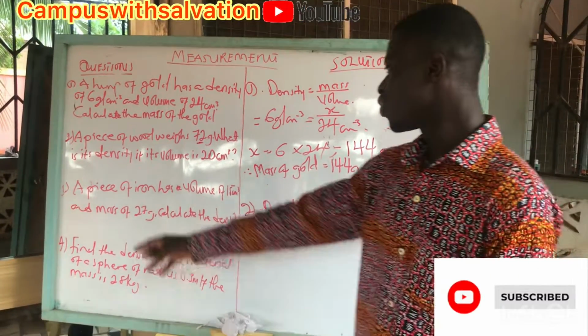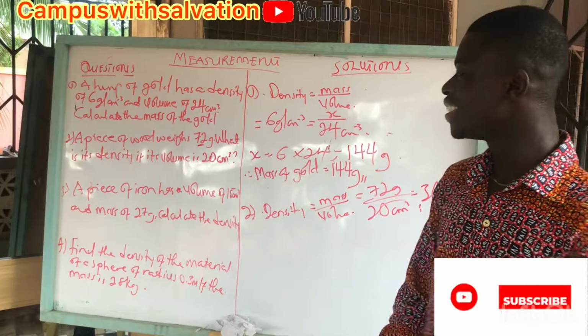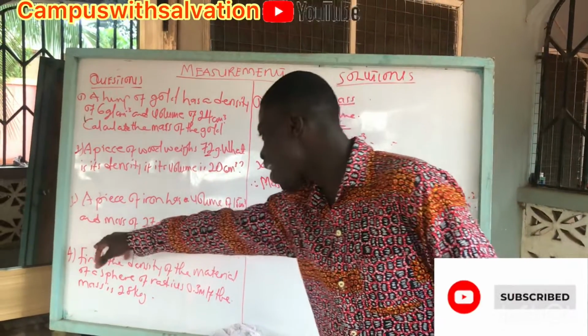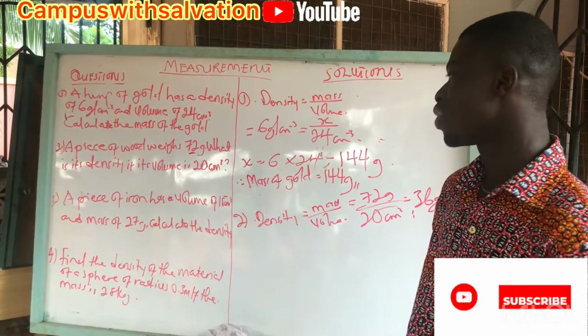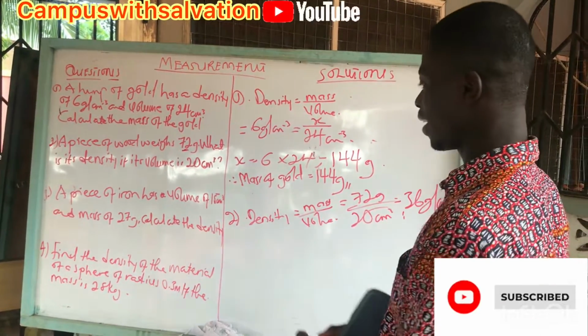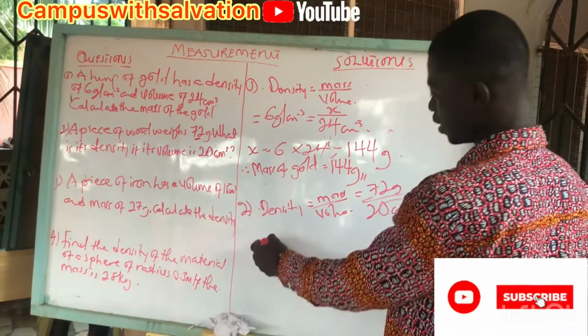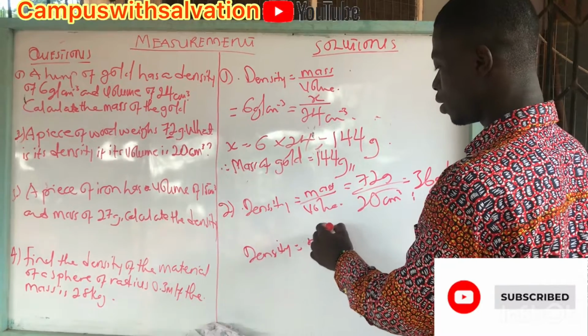So a piece of iron has a volume of 15 cm³ and a mass of 27 grams. Calculate the density. So this one too is very simple. This one too is the same thing. You just write density is equal to mass over volume.